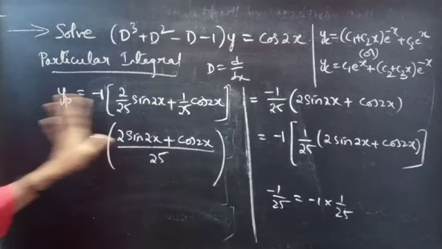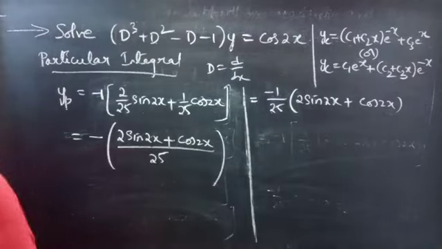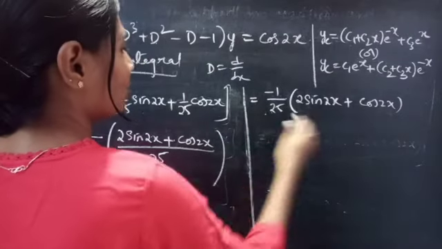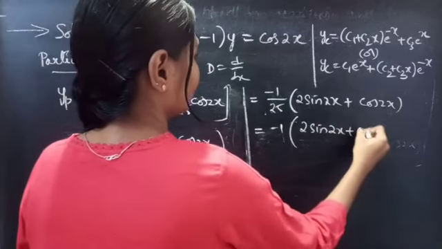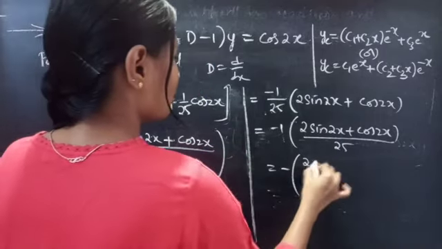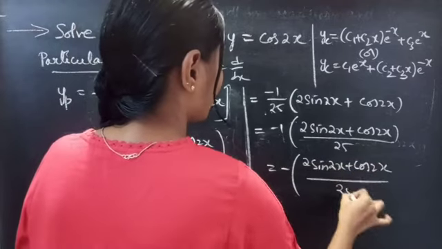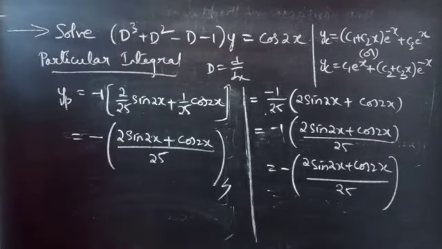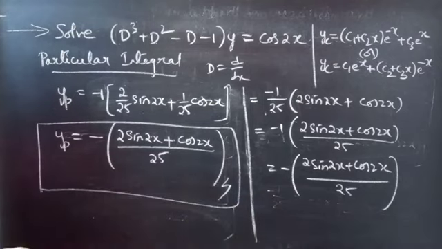Or without confusion, just take this 25 outside the brackets. Much better. Then this will equal minus (2 sin 2x plus cos 2x) by 25. You'll get the same thing. Therefore, yp equals minus of (2 sin 2x plus cos 2x) by 25.